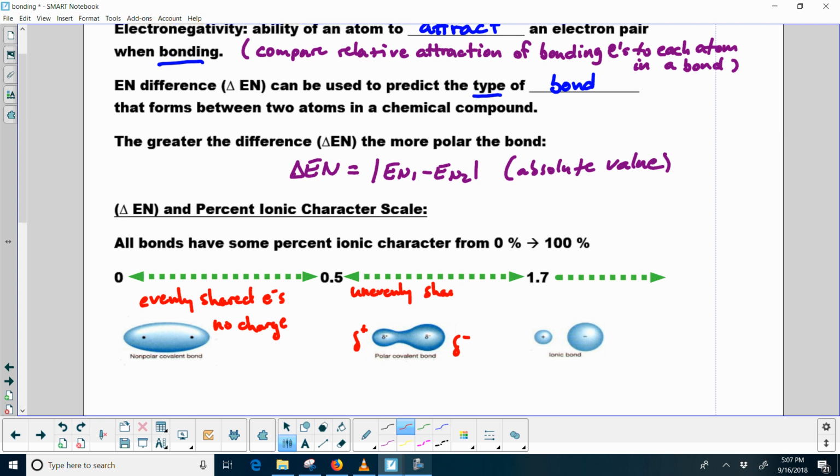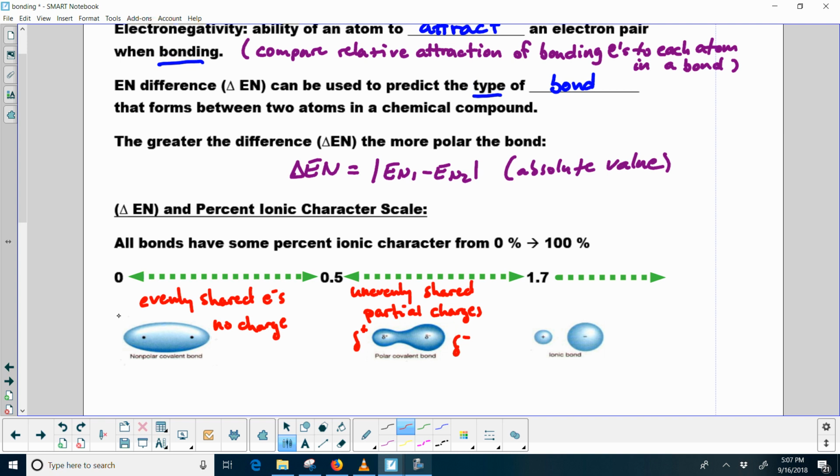And as a result, you have these partial charges. Remember, they're not really large charges, just slight charges. We call them partial charges at either end. And the bond here is called a polar covalent bond. When you have even sharing, like before, with very small differences in electronegativity, these are called non-polar covalent bonds. So there's a continuum here.